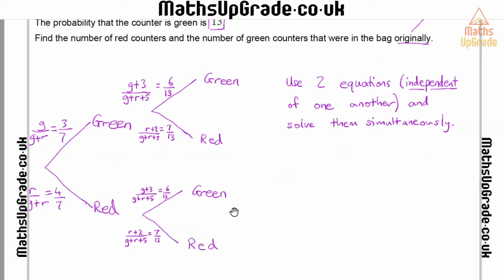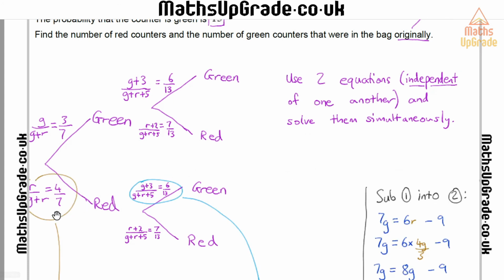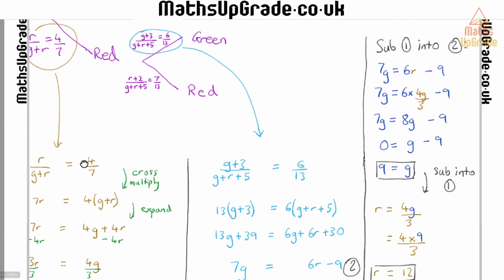For the branches underneath here, similar to the branches above, exactly the same actually, so that's where they come from. What I'm going to do now is I'm going to use this information here to find an equation and make R the subject of the equation. Then I'm going to do similar with this equation here. So with this equation, first of all here, I'm told that R over G plus R equals 4/7.